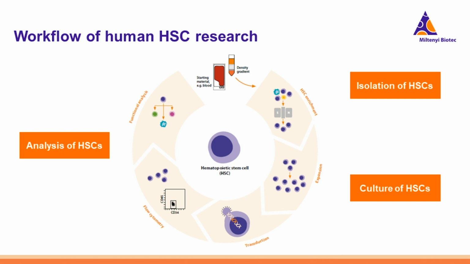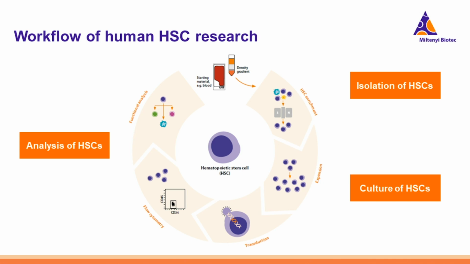For the HSC researcher, the typical workflow looks like this. Routinely, HSC-containing samples are processed over density gradient centrifugation to pre-enrich mononuclear cells as starting material for subsequent isolation of HSCs. For the culture and expansion of HSCs, it is important to add cytokines to maintain the differentiation potential.